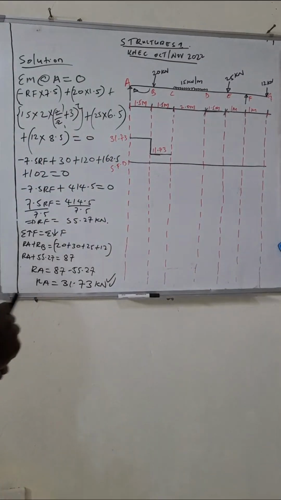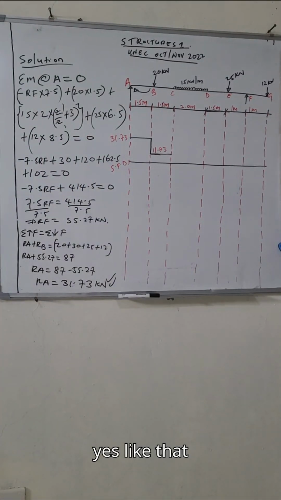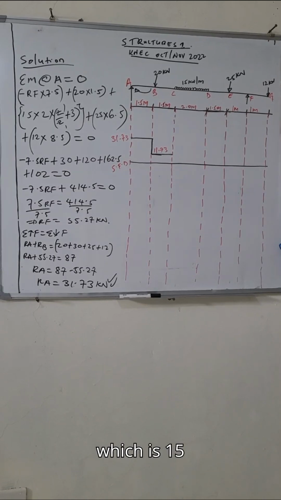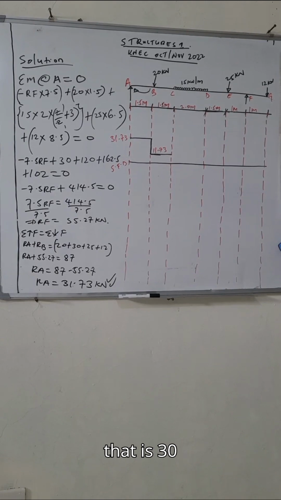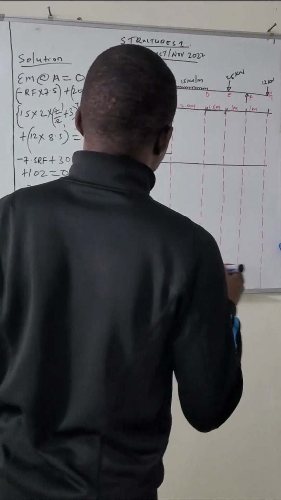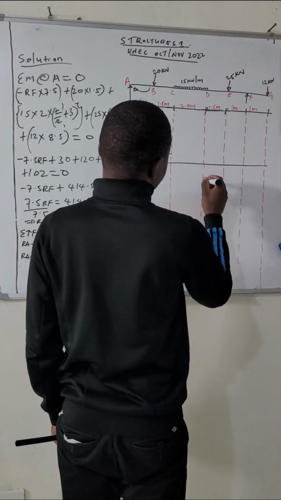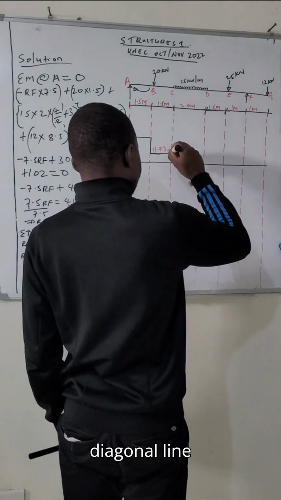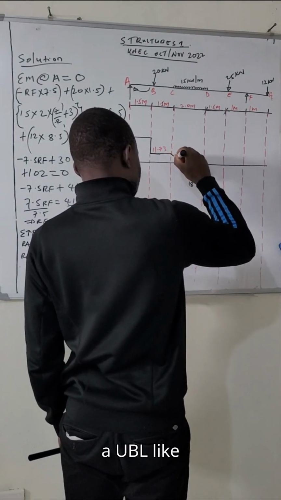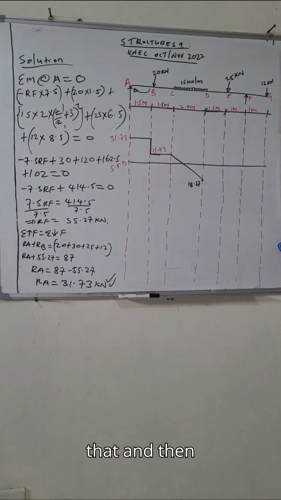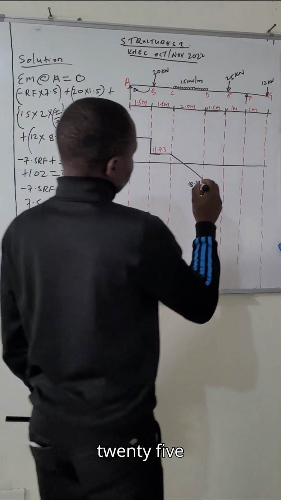Yes, like that. And then 11.73 minus the UDL, which is 15 converted to a point load, that is 30, minus 30, you get negative 18.27. So draw a diagonal line, because it is a UDL, like that. And then it will be constant up to 25 kilonewton.